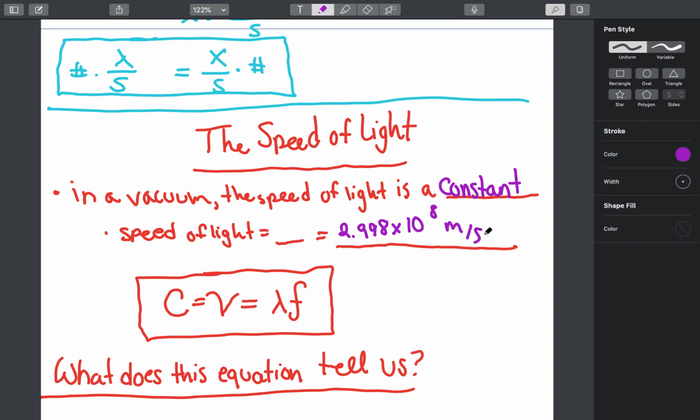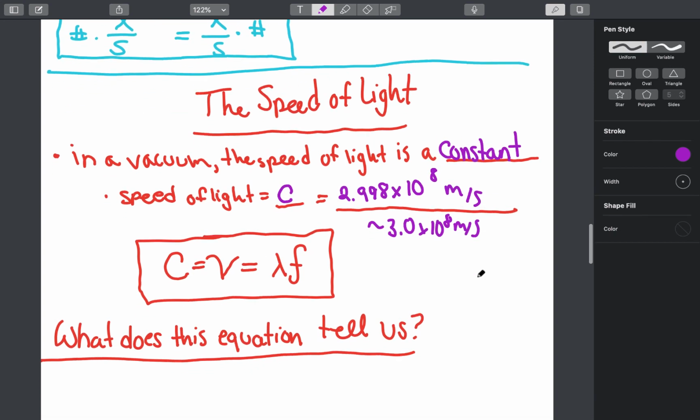So that's really, really, really fast. And the symbol for light is C. So the speed of light is always constant in a vacuum. And the speed of light is given the symbol C, and it's equal to 2.998 times 10 to the 8th meters per second. You'll often see it rounded to 3.0 times 10 to the 8th meters per second.